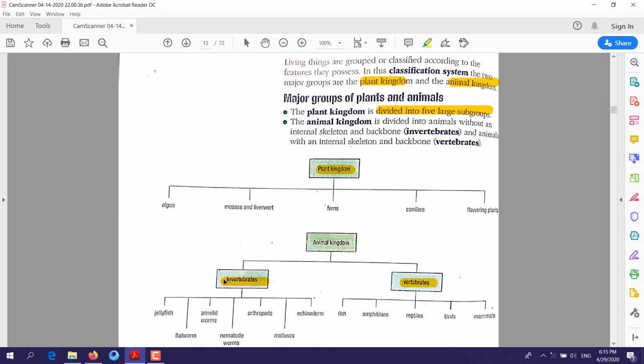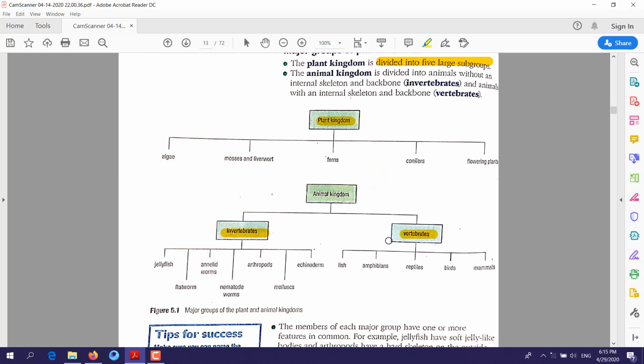Those that don't have a backbone, we call invertebrates. Then, if we take vertebrates, we can divide them into more subgroups. For example, we can divide vertebrates into fish, amphibians, reptiles, birds, and mammals. The same thing is with invertebrates.